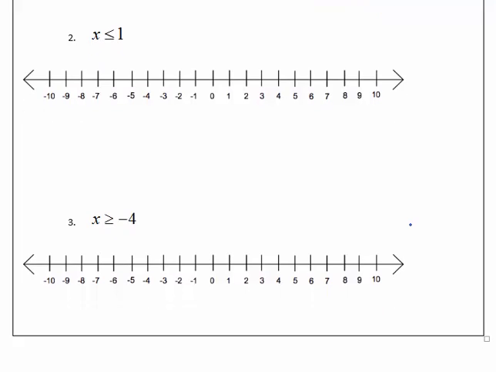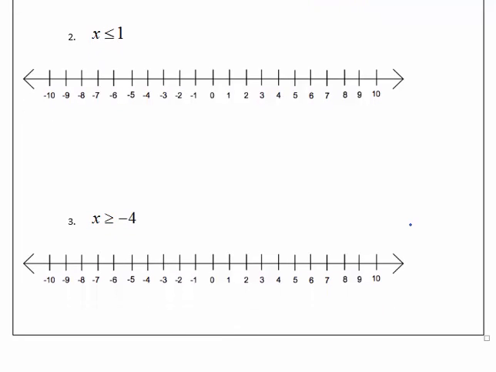All right, example number 2, less than or equal to 1. So again, just another way to think about it is look which way the arrow is pointing for the inequality symbol. It's pointing to the left, so we're going to be back here. Okay, I'm going to find 1. I'm going to use a bracket, and notice how I open that bracket to the left because I have to go left.